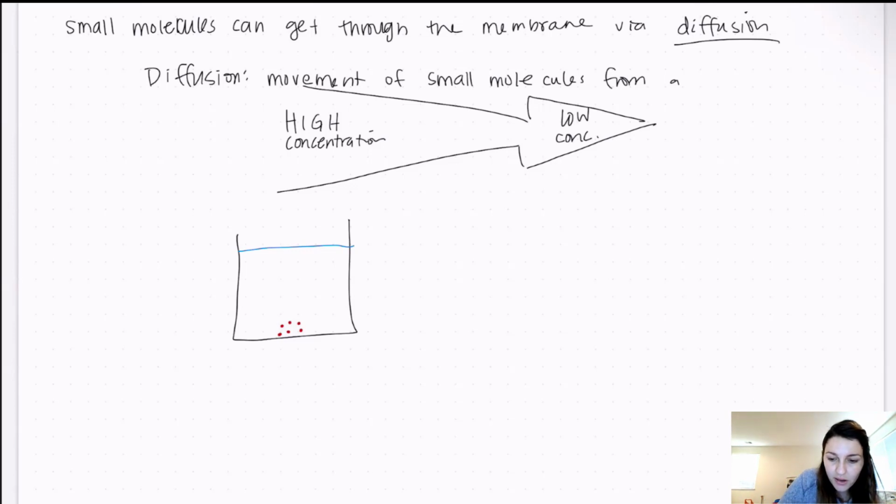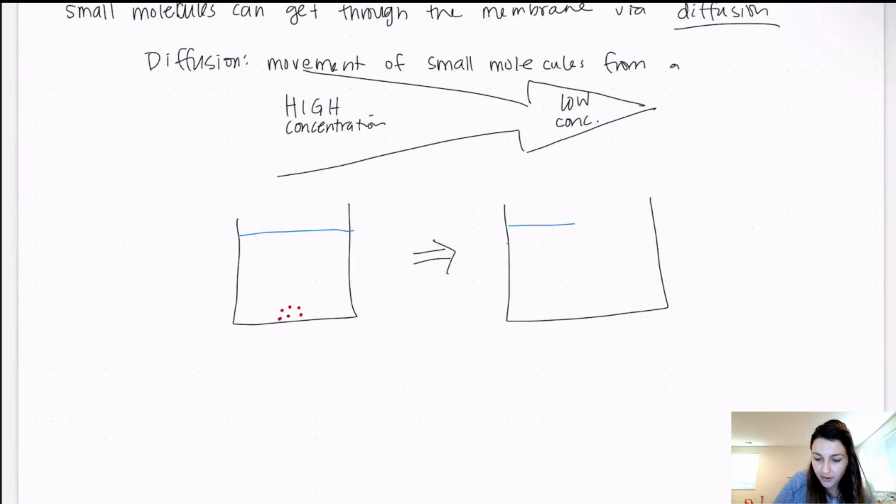If I were to walk away and come back later, all of those 6 red dots of Kool-Aid would be equally distributed throughout my cup, and my cup would then appear all red.